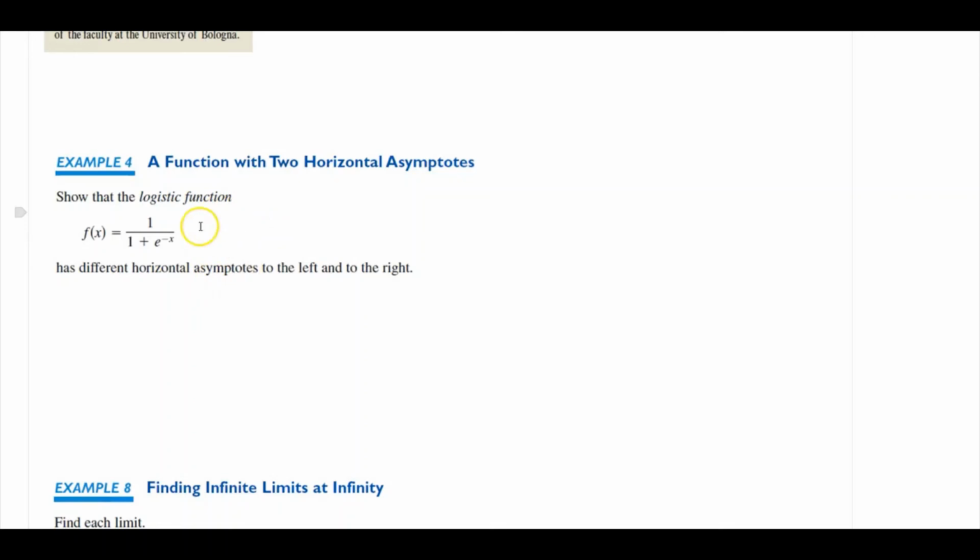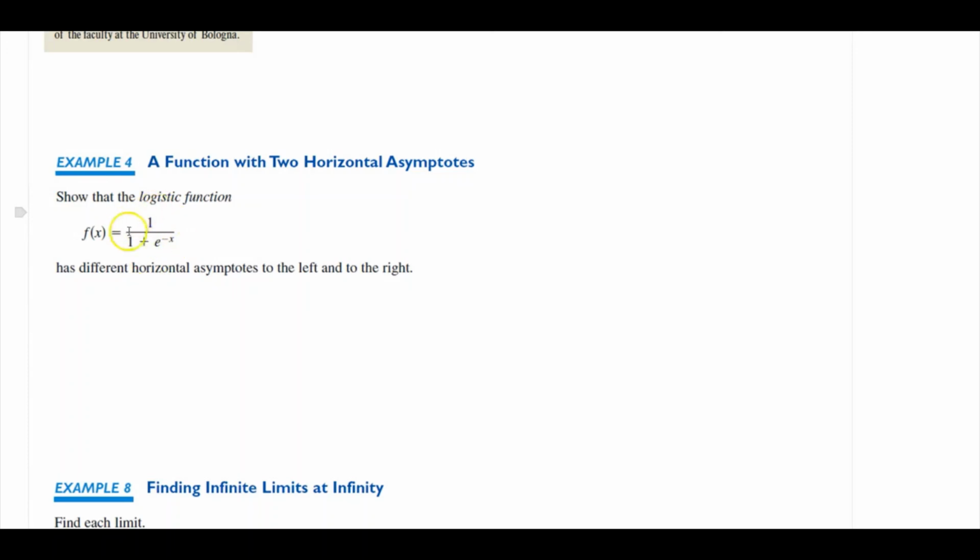So let's look at the logistic function, which we are going to look at later as well. In some ways, it is this. When we have more things to deal with, then it will look a little bit different.